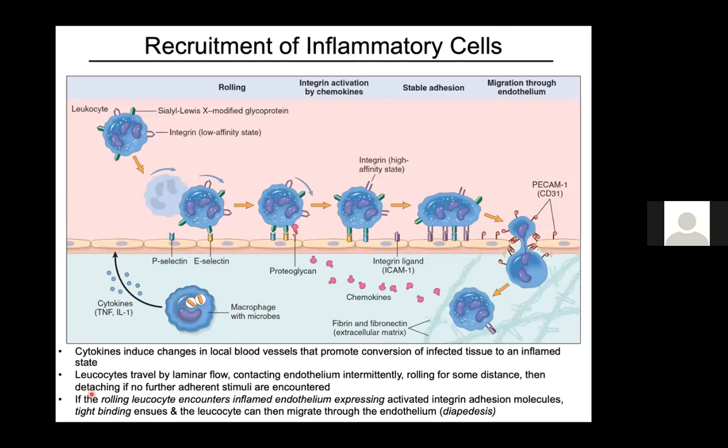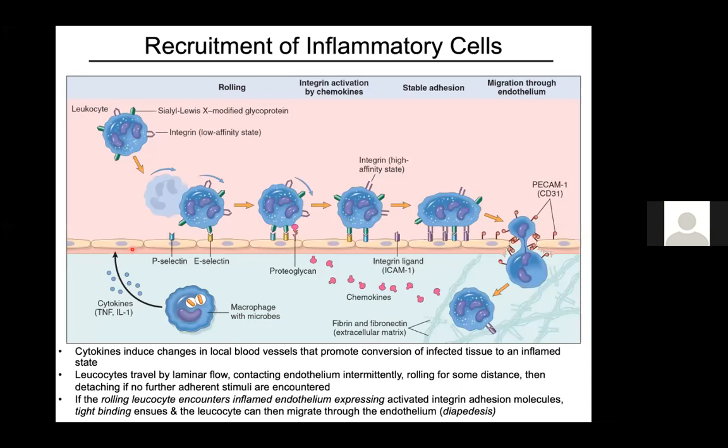Remember we've talked about how cytokines act. When they're produced, they either act on the cell that produced them, which is autocrine, on neighboring cells, which is juxtacrine, or on cells further away, which is endocrine.